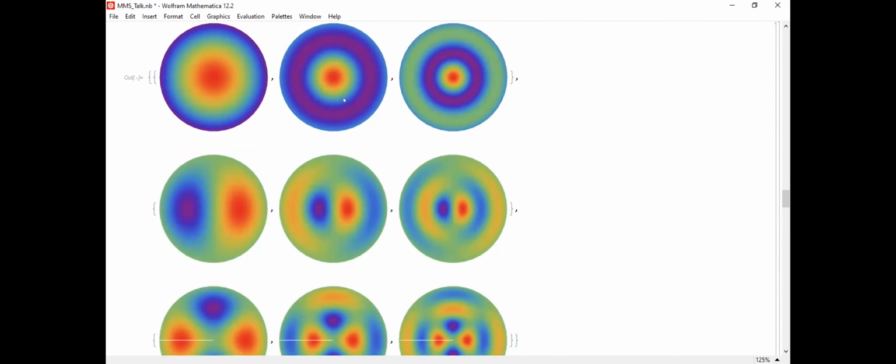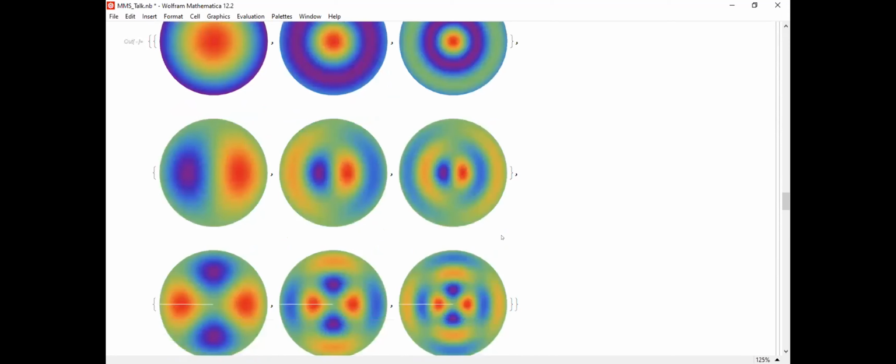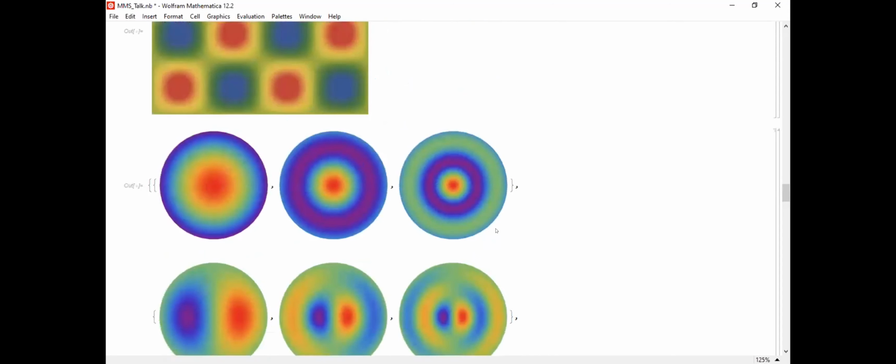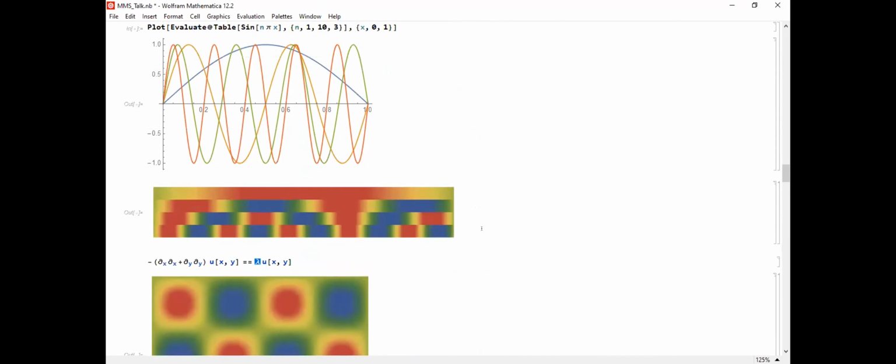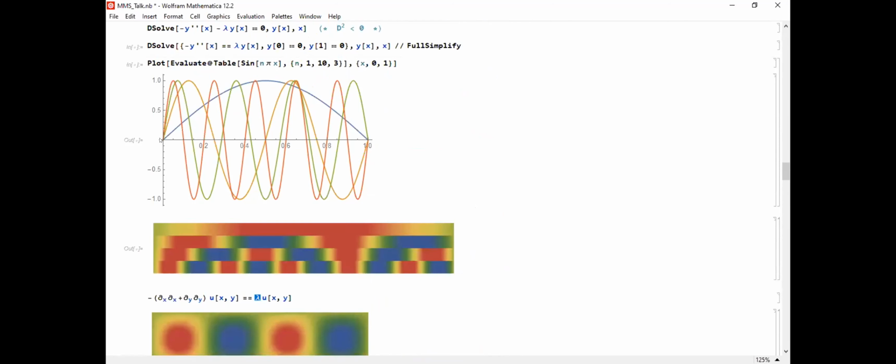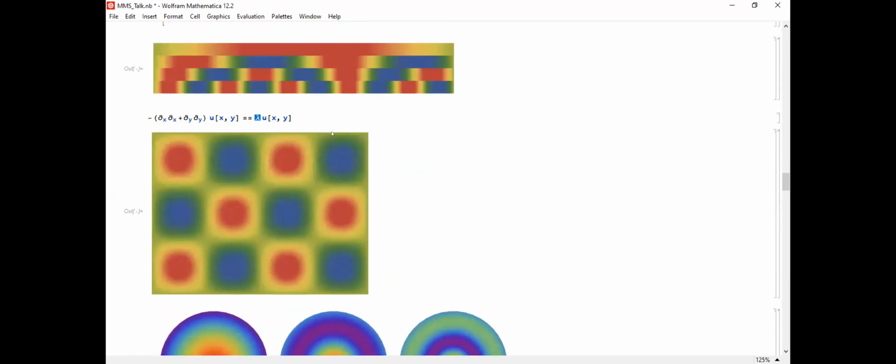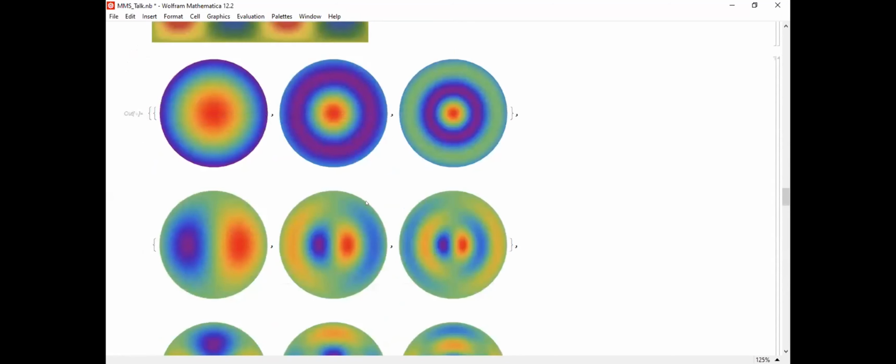And each of these has its own eigenvalue. And the nice thing about these eigenvectors is just as you can build up any function in terms of sine functions, using the Fourier series, similarly, you can build any function of x and y on a rectangle in terms of these eigenvectors. Right?